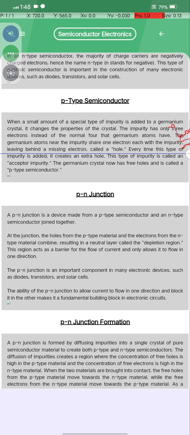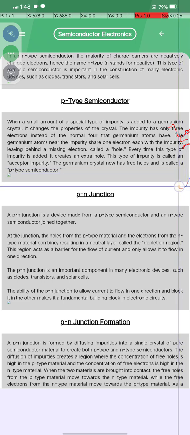Every time this type of impurity is added, it creates an extra hole. This type of impurity is called an acceptor impurity, and the germanium crystal now has a free hole and is called a p-type semiconductor.